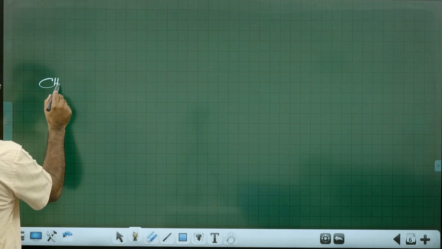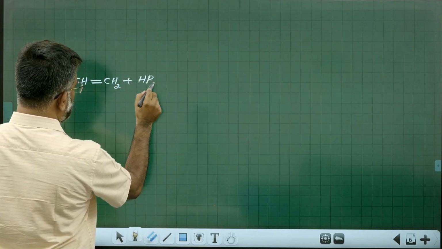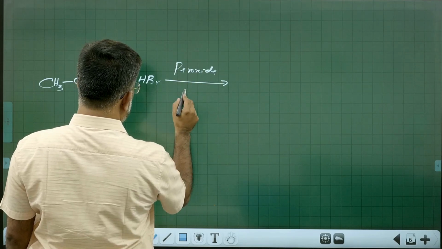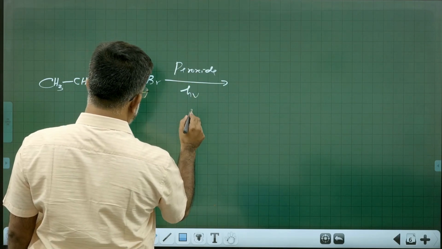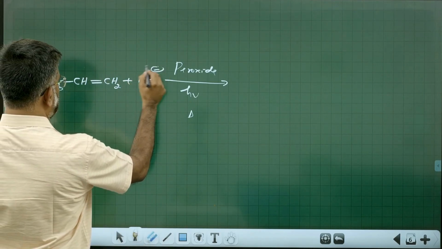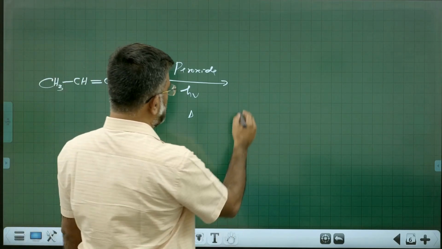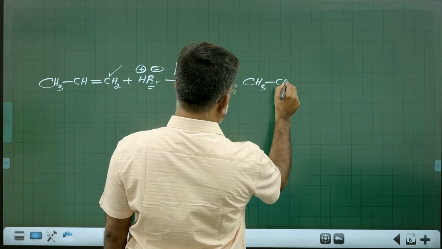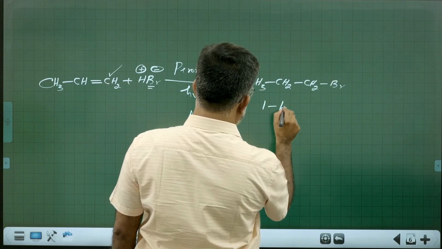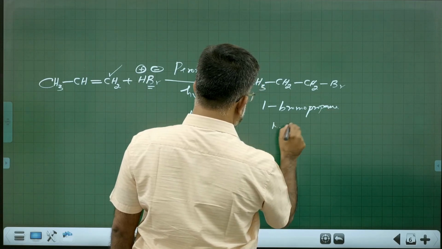When you take an unsymmetrical alkene like propene, which is added with HBr in the presence of a peroxide or in the presence of light or sometimes even heating, you can find the negative part, Br minus, is actually coming on the first carbon, and the major product obtained will be CH3CH2CH2Br. You get 1-bromopropane as the major product.